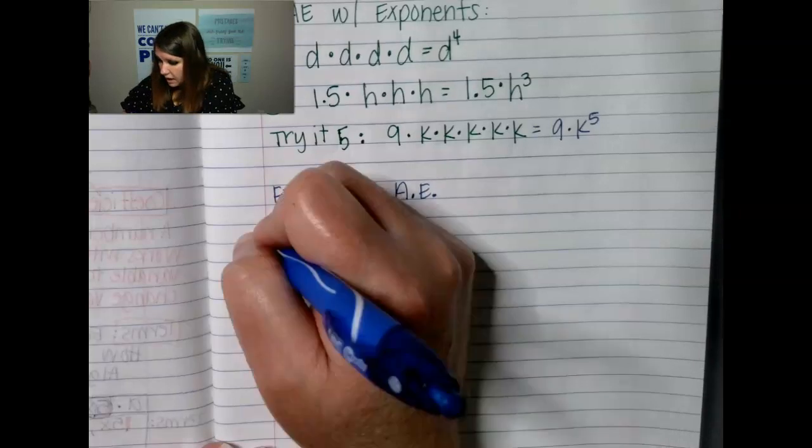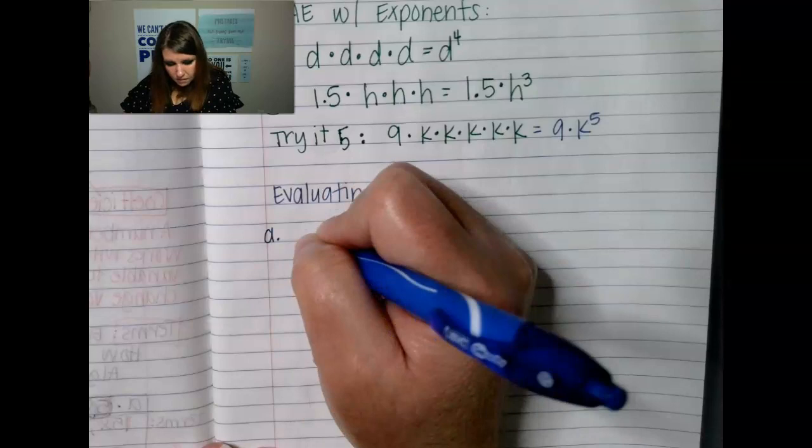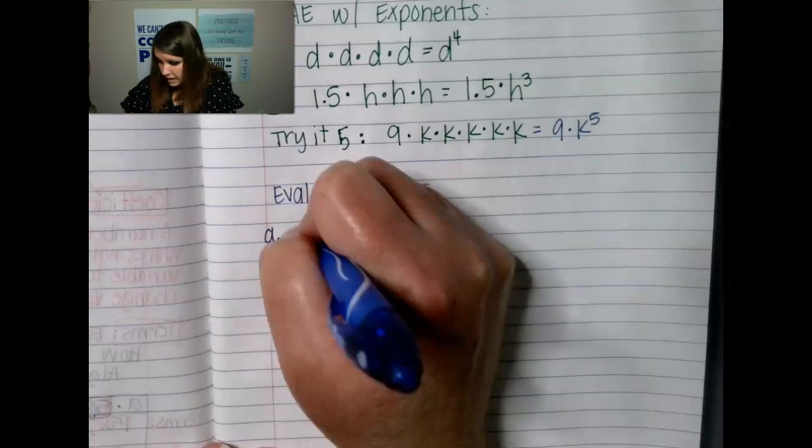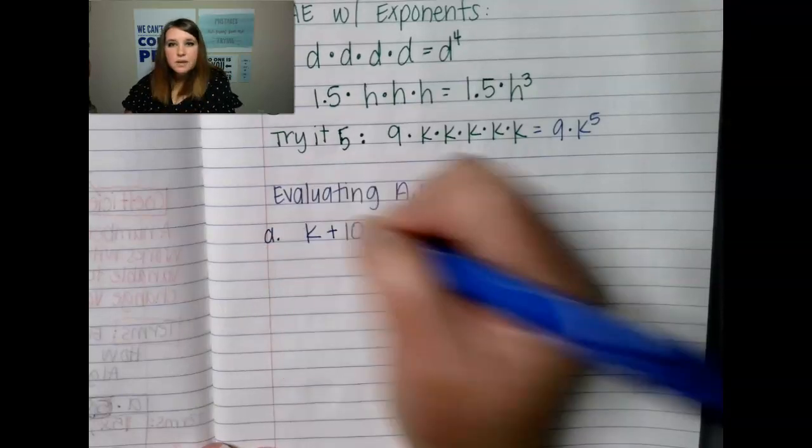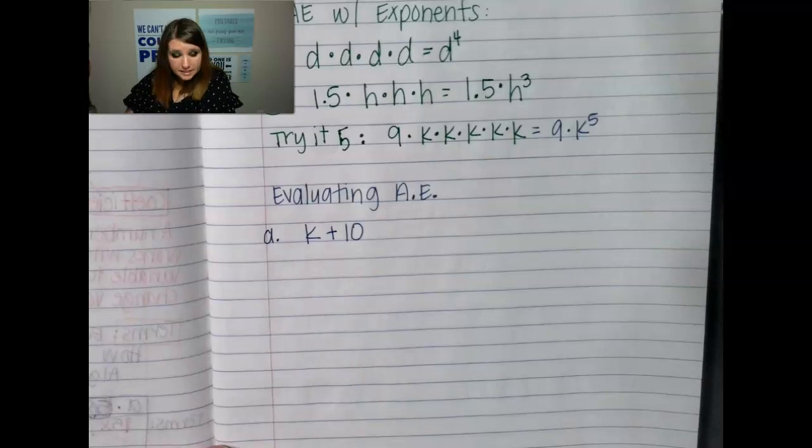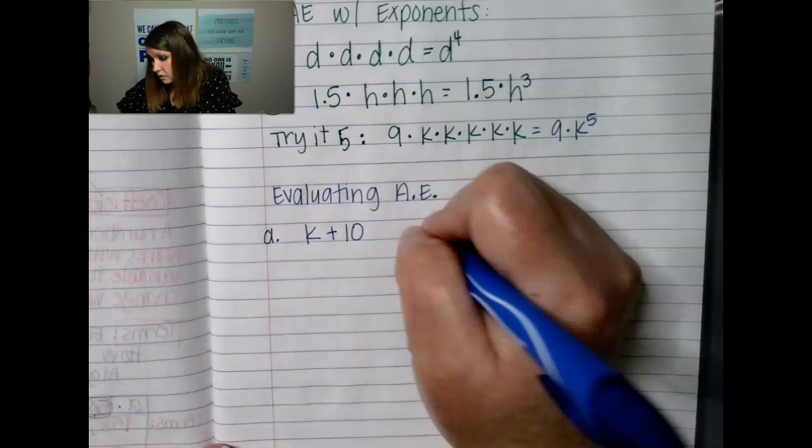Okay, so let's look at example A. Example A says k plus 10. So when we have k plus 10, this just means that we need to find out what k is. So they tell us solve k plus 10 when k equals 25.